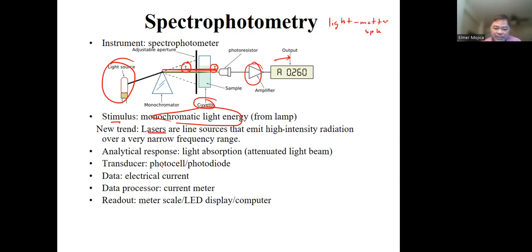So if you're going to look at the analytical response, just the absorption, the attenuated light beam. So the transducer that you have there, that's the photocell or the photodiode. And the data that you get is the electrical current that you can see in a data processor, that's current meter. So you have either a meter scale, an LED, or a computer.